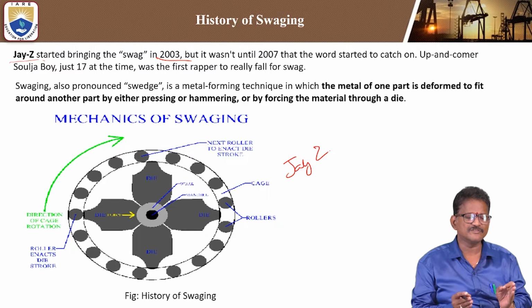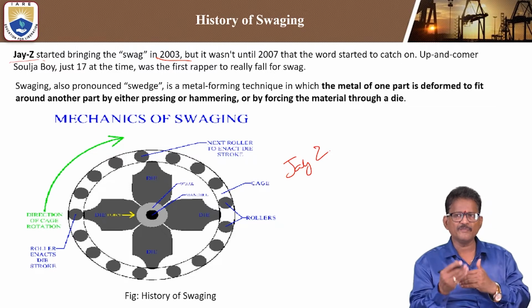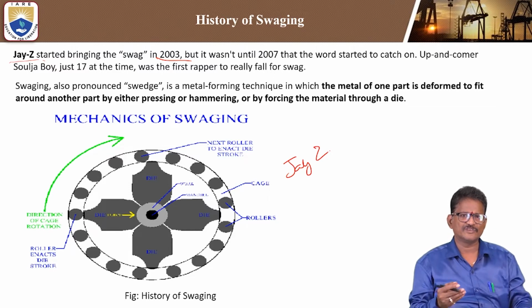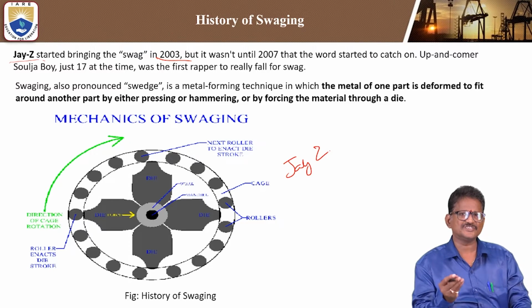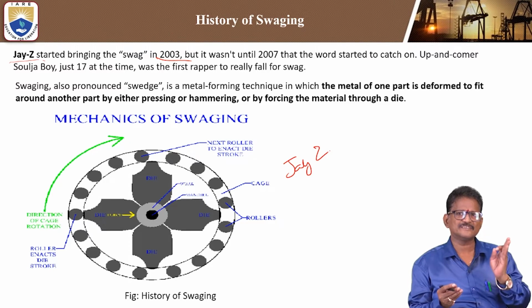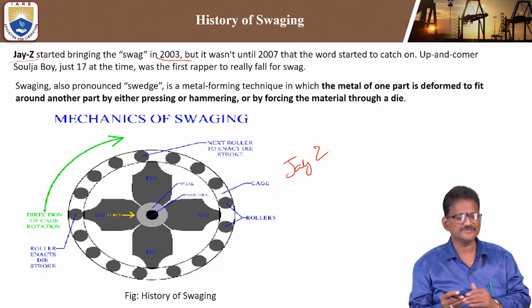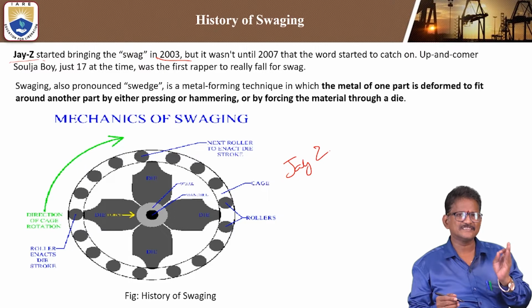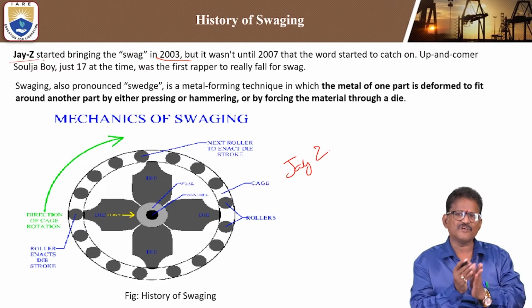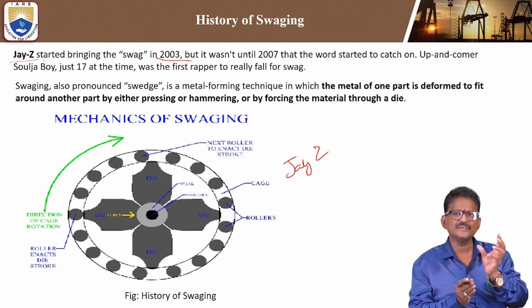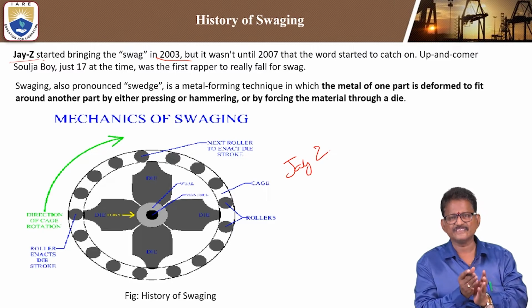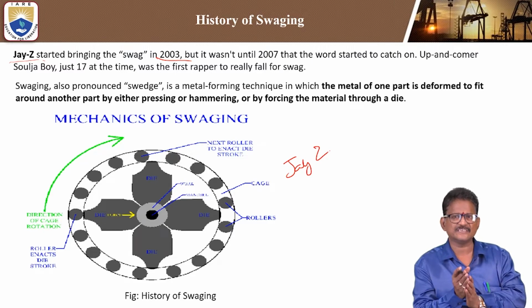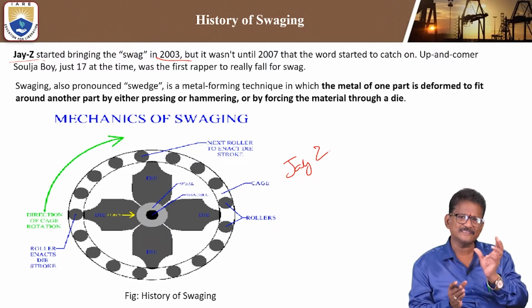The complete swaging technique took about four years to be understood, which is why the word caught on only in 2007. Then the up-and-coming Soulja Boy, just 17 at the time, was the first rapper to really fall for swag. These are some mechanics of swaging.